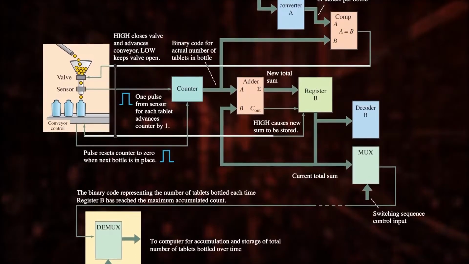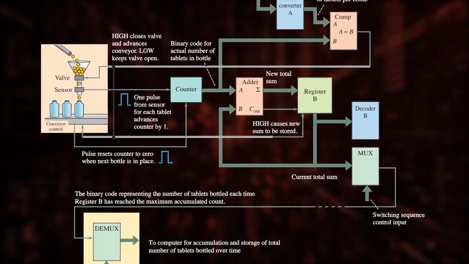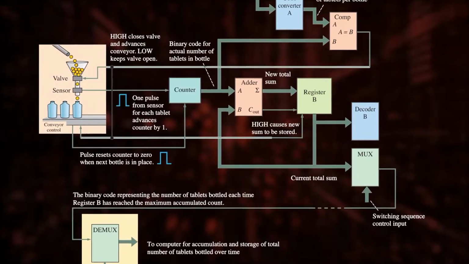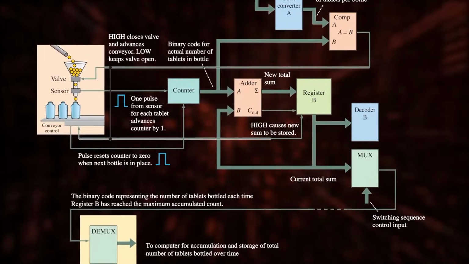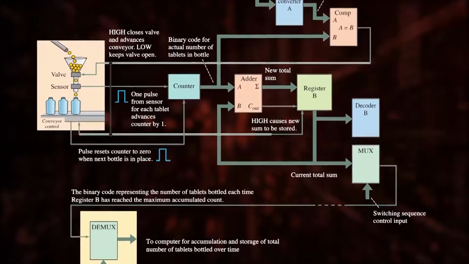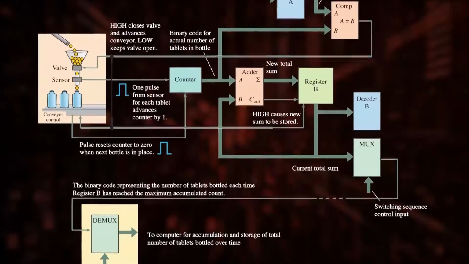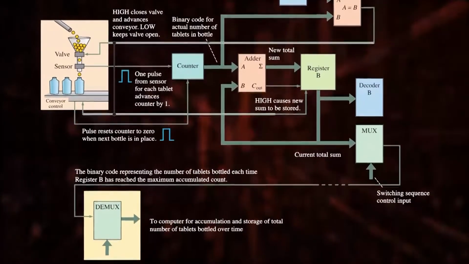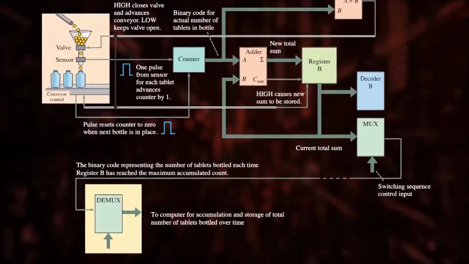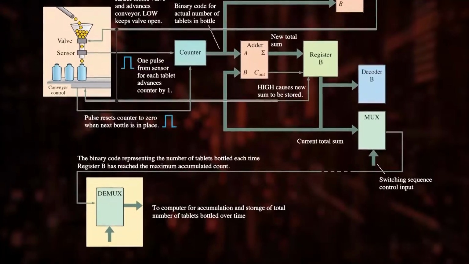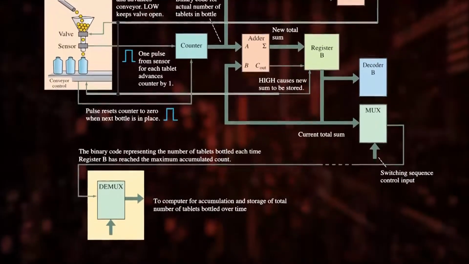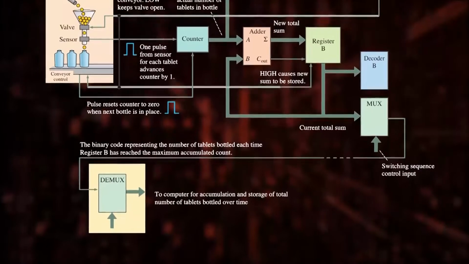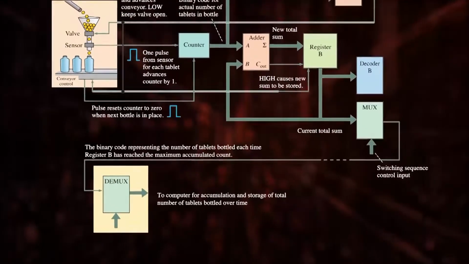The register has an upper limit value that can be stored. When it reaches that maximum, it is sent to a multiplexer. The multiplexer circuit is a logic circuit that switches digital data from several input lines onto a single output line. And here it is used to convert the binary from parallel to serial so that it can be sent to a demultiplexer.